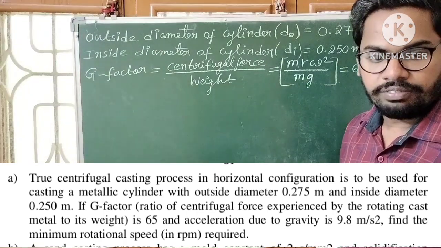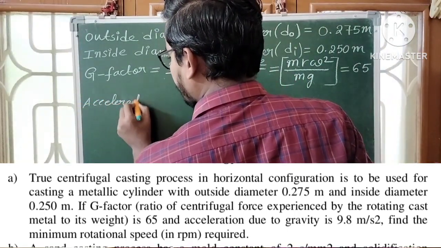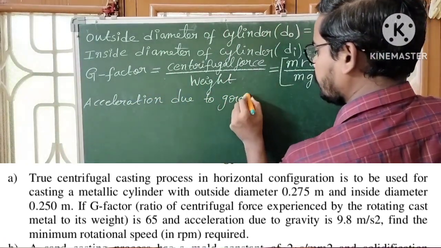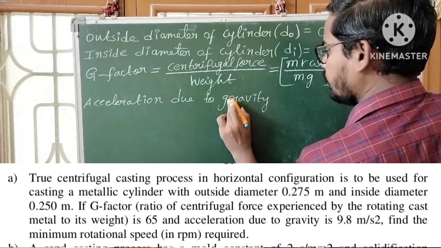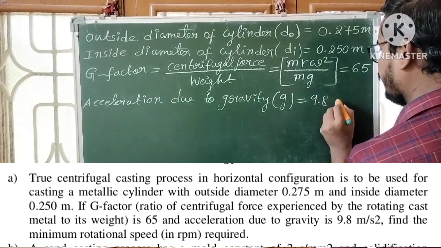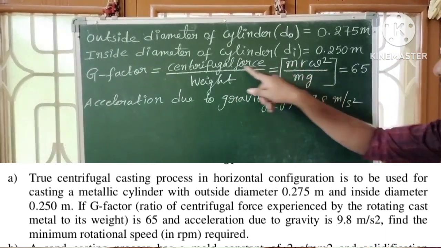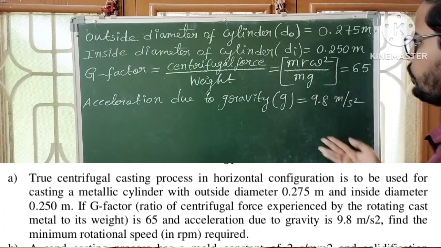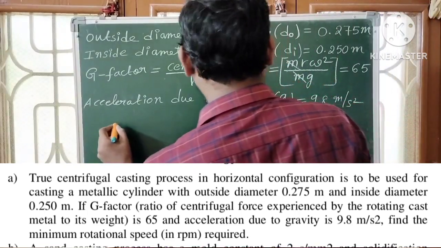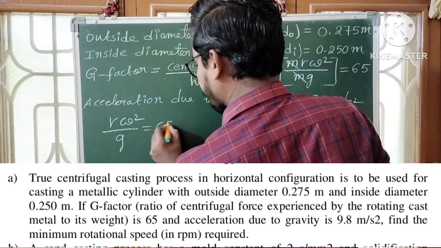Acceleration due to gravity, denoted by Z, is 9.8 meter per second square. So centrifugal force is m r omega square and weight W is mg. Here m gets cancelled. You will get r omega square by Z is equal to 65.